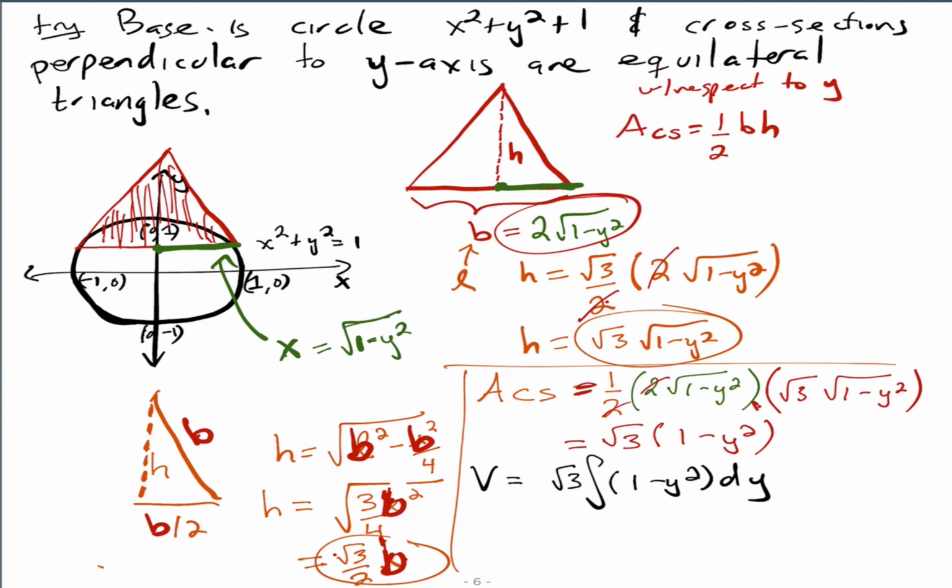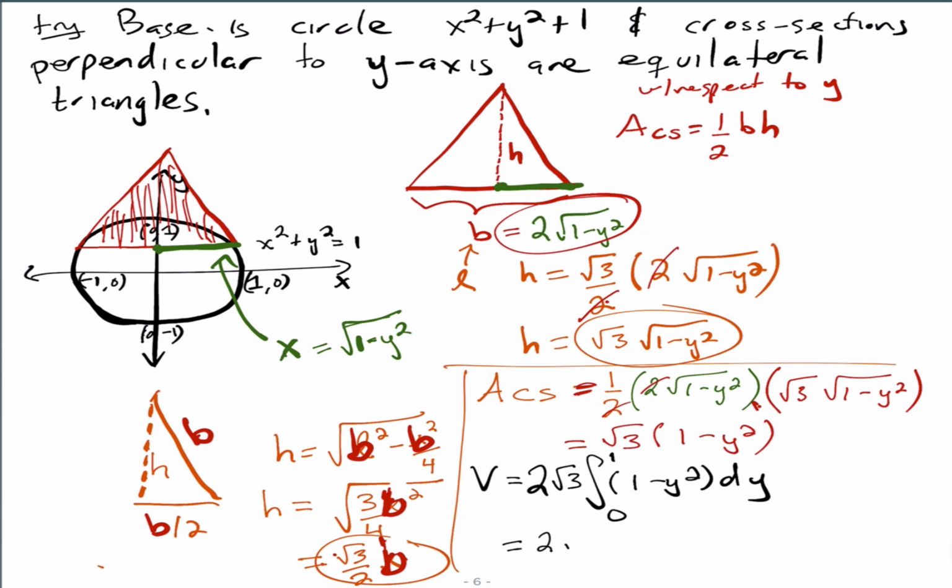Okay, now what is it from and to? From where to where am I integrating? From y equals minus 1 to 1, right? But is there a symmetry we can use? We can use symmetry, right? So we can do 2 times from 0 to 1.